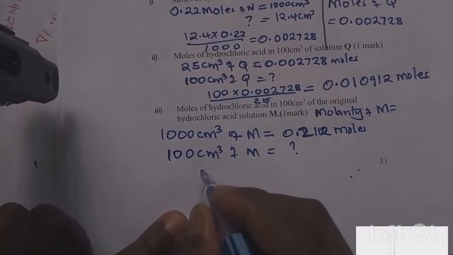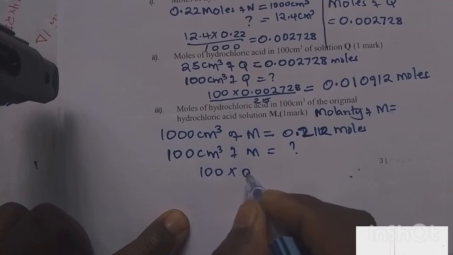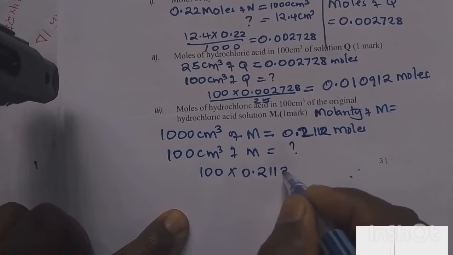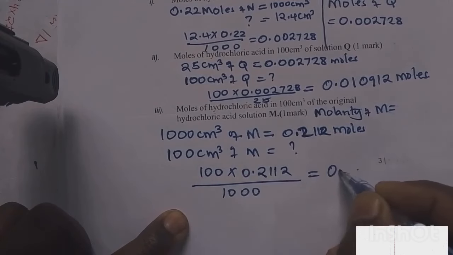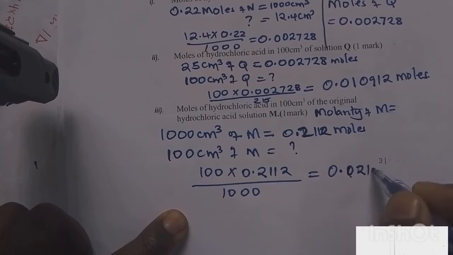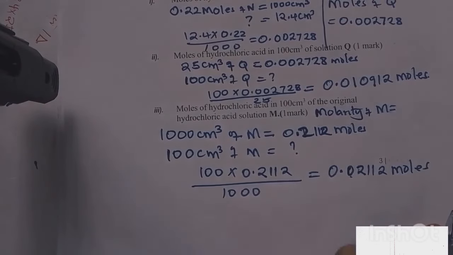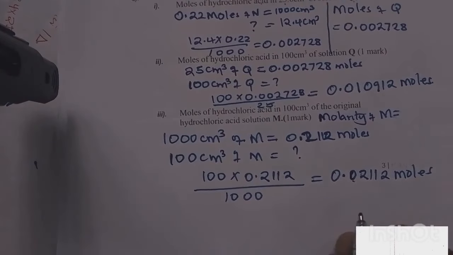This, 100 times 0.2112 divided by 1000, and this is 0.02112 moles. This is the number of moles in 100 of the original.